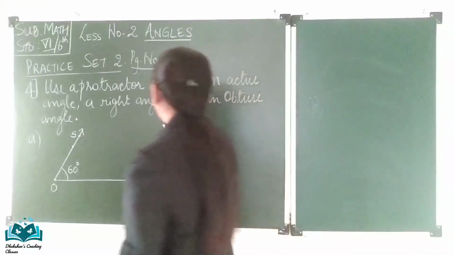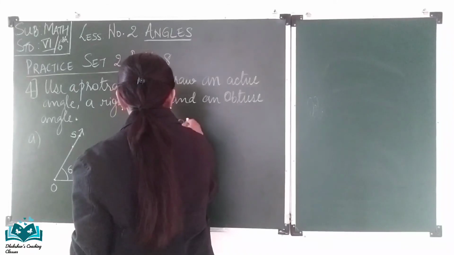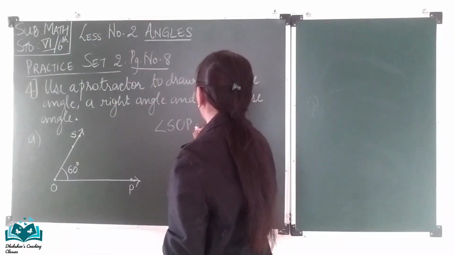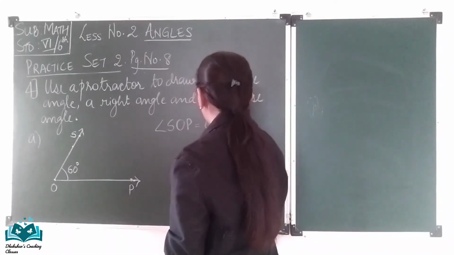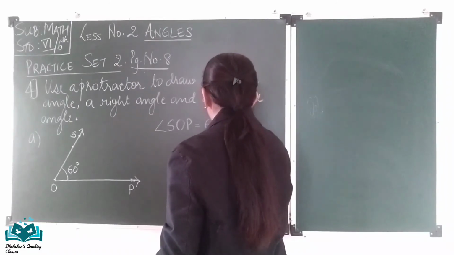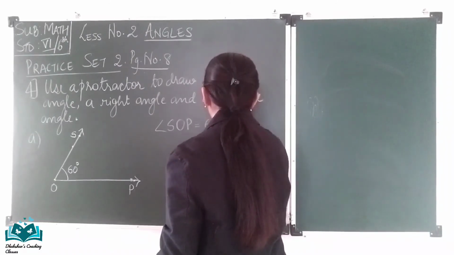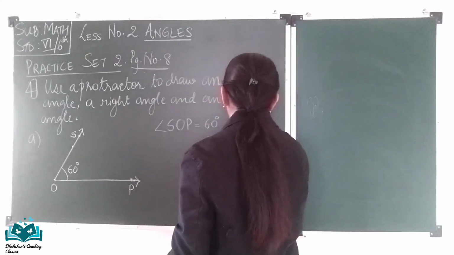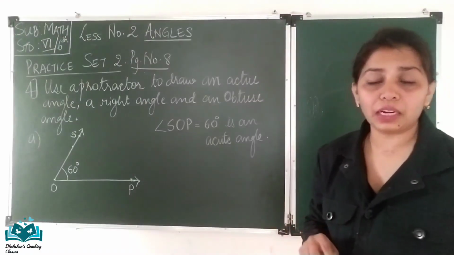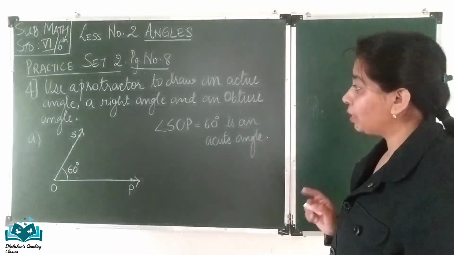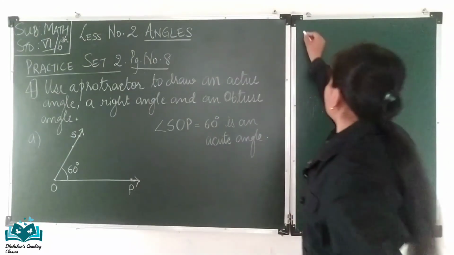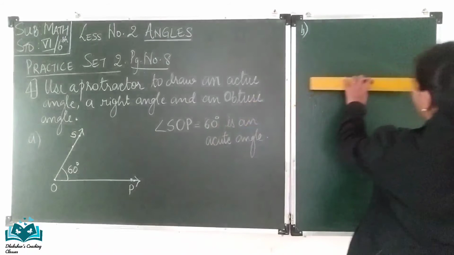So I will write it down, angle SOP equal to 60 degree is an acute angle. So the first one is understood. Now we move on to the next one, that is your right angle. Now figure B, right angle.